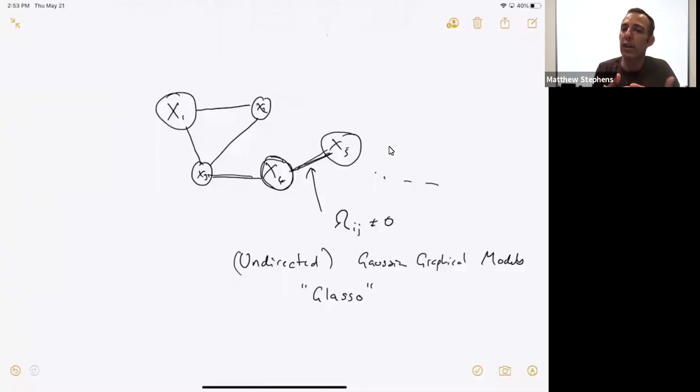If you regress x4 on everything else, then the significant predictors in there are exactly the ones that it is conditionally dependent on, because that's what a regression is looking for, conditional dependence of y on a predictor. So you just do that for each node in turn and find the significant edges.